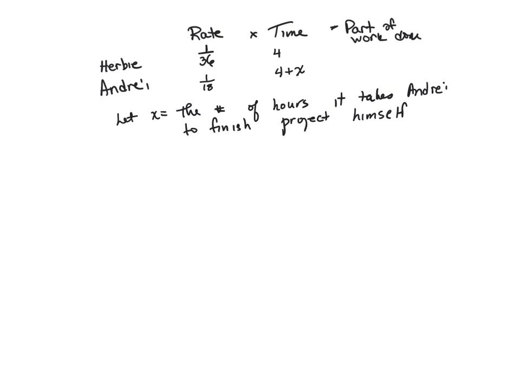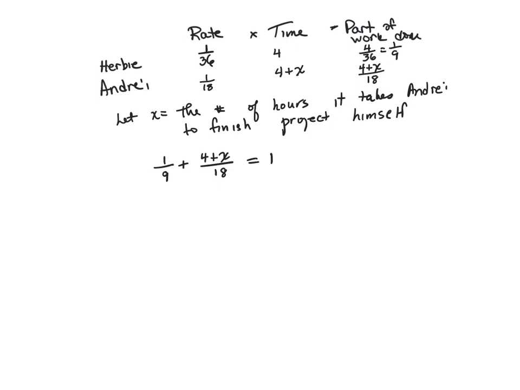So that means that the part of the project that Herbie contributed to was 4 out of 36, or 1/9. And the part that Andre will contribute is 4 plus x over 18. So we add those to complete the work done, or complete the project, and we get this equation. 1 over 9 plus 4 plus x over 18 equals 1.